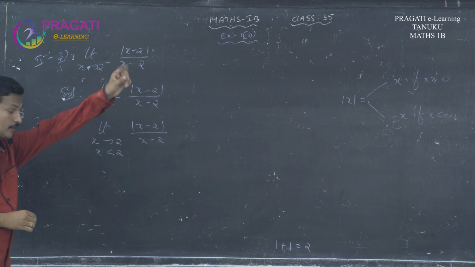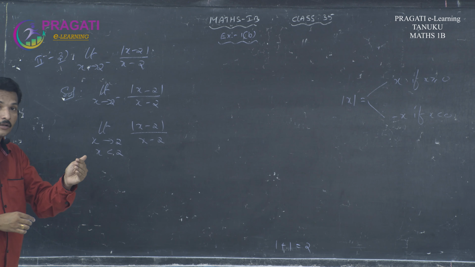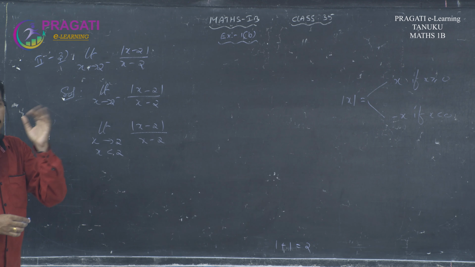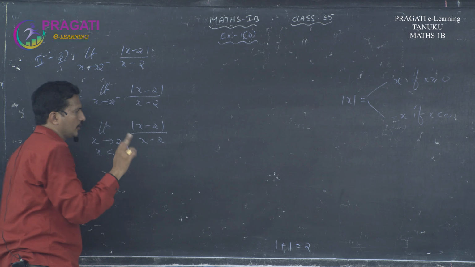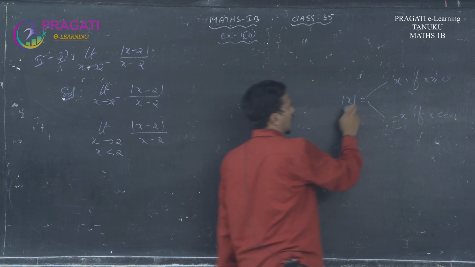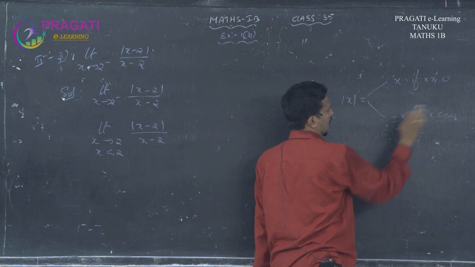Here, x less than 2 means the values are less than 2. Recall that mod x is equal to x if x is greater than or equal to 0, and mod x is equal to minus x if x is less than 0.